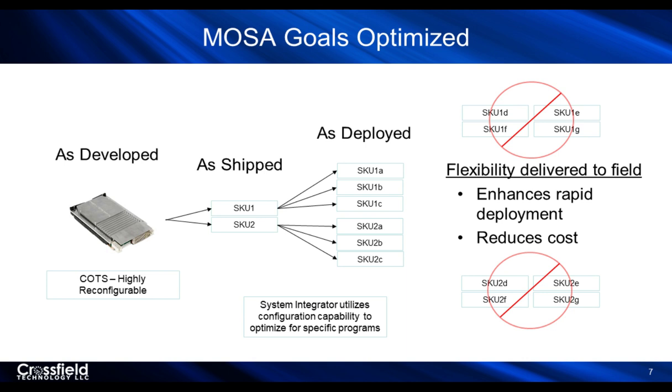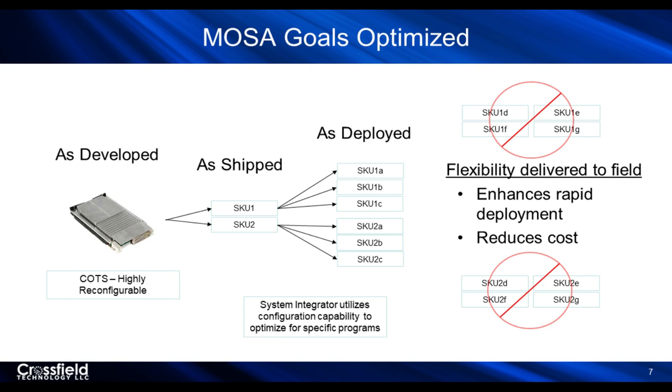What do we really want, okay? What we really want is that same highly configurable device to be shipped to the systems integrator as a small number of SKUs, 2 or 3. And let the systems integrator decide how to configure it for the particular program or chassis. And so they'll come up with a few SKUs.